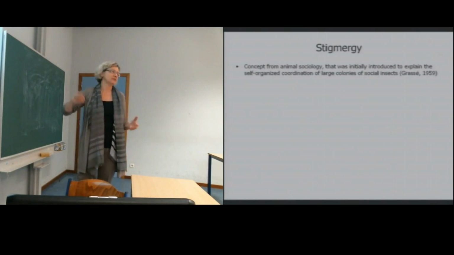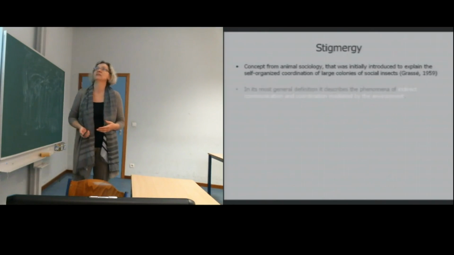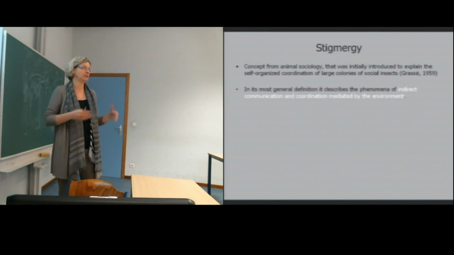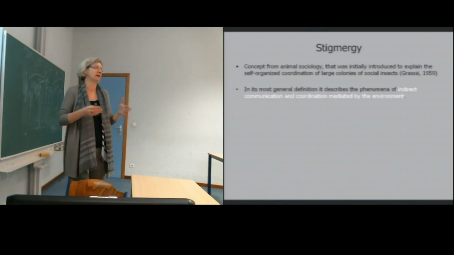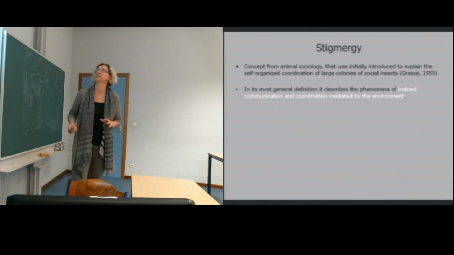Initially, it comes from animal sociology, to solve the coordination paradox. In its most general definition, it speaks about indirect communication and coordination mediated by the environment.